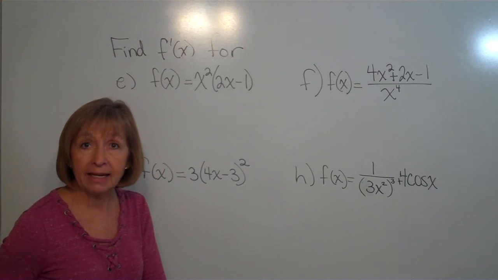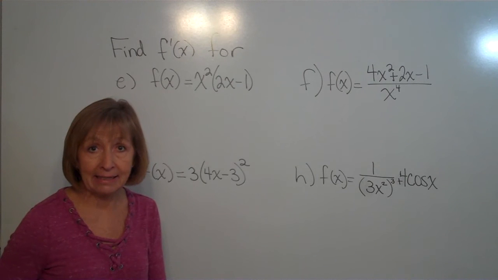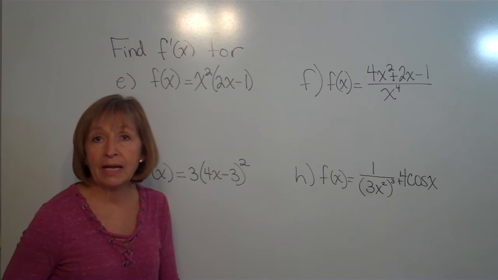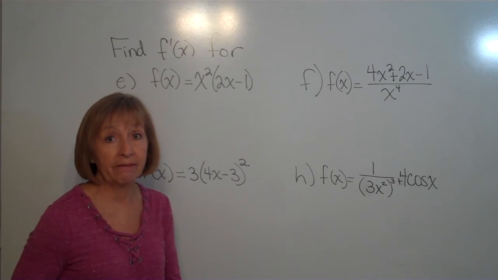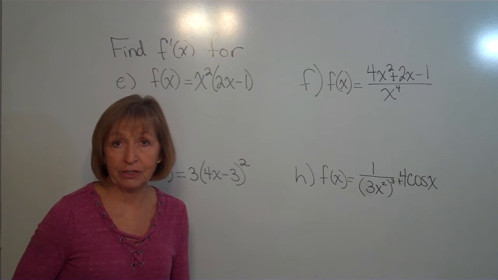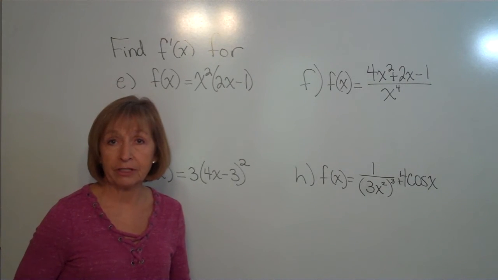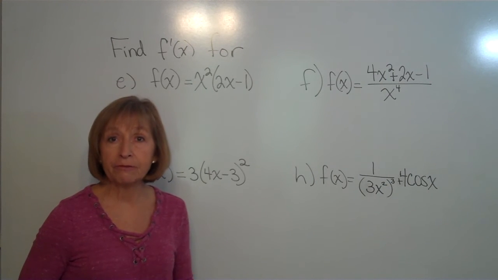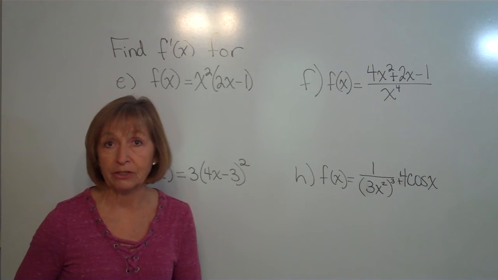The derivative of sine x is cosine x. The derivative of e to the x is e to the x. And we had the derivative of a constant times a function is the constant times the derivative of the function. The derivative of the sum of two functions is the sum of the derivatives of those two functions. And then the derivative of a difference of two functions is the difference of the derivatives of those functions.